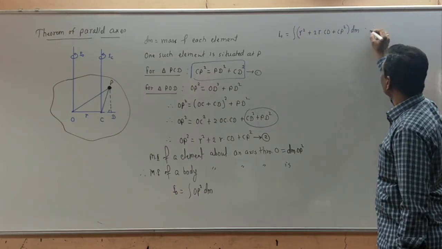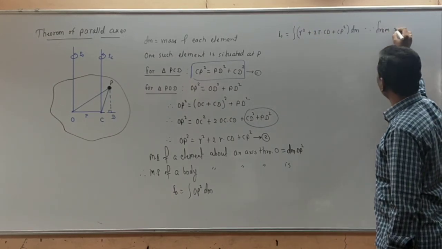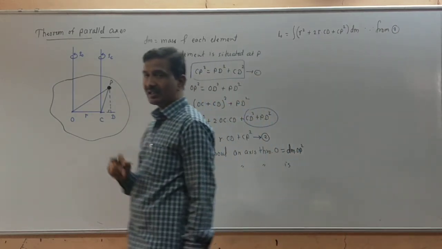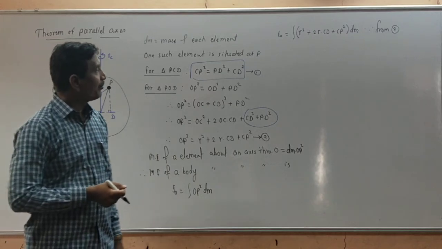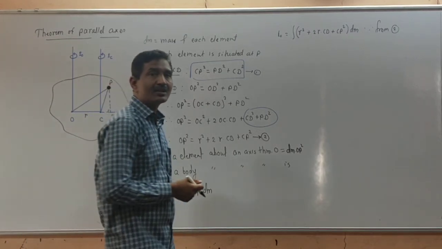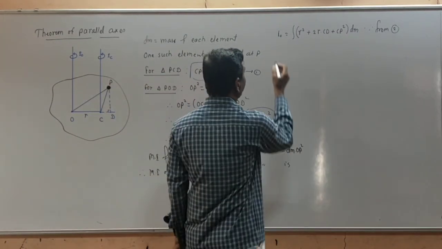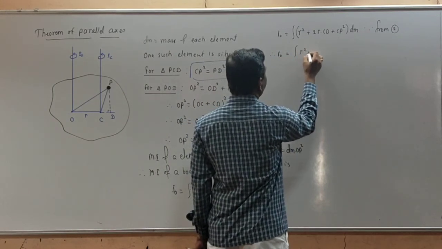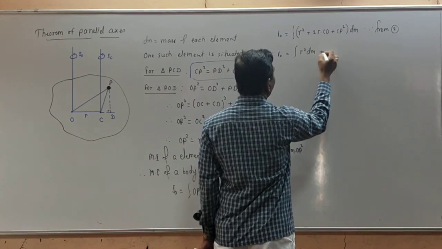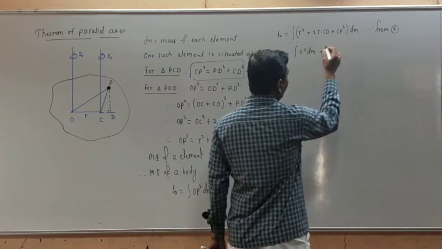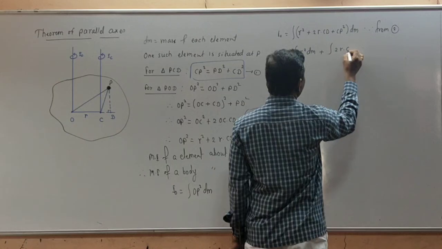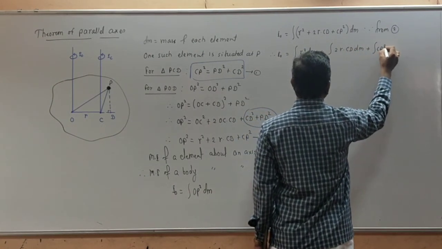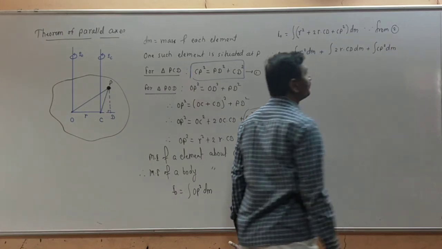So what is the reason of this step? It is from equation number 2. Now apply the rule of the integration. Separate the integrations by addition rule and take the constant quantities outside the integration. Therefore, we get IO is equal to integration of R square into dm plus integration of 2R into CD into dm and plus integration of CP square into dm.